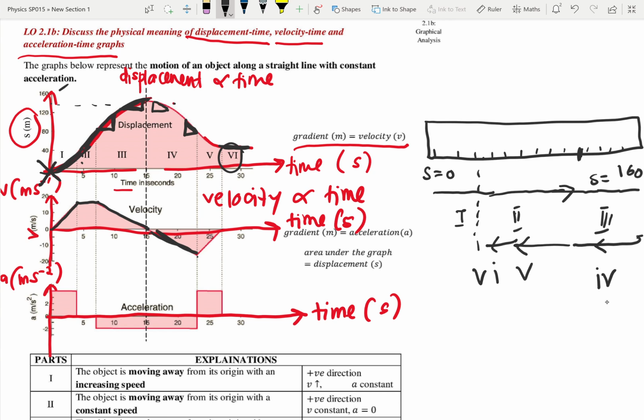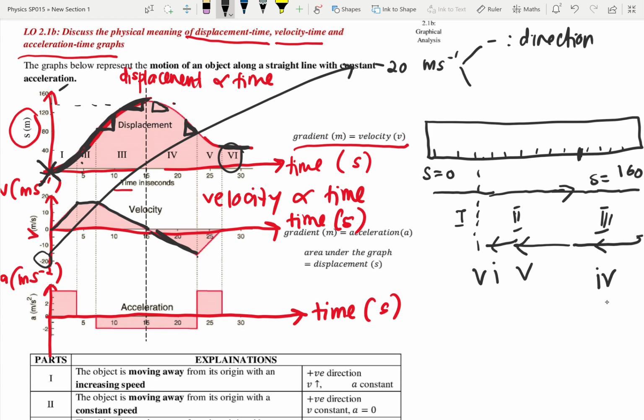This is not scalar. Negative 20 meter per second: the speed is 20 meter per second, and the negative is the direction. Negative is direction to the left, and 20 meter per second is the speed.